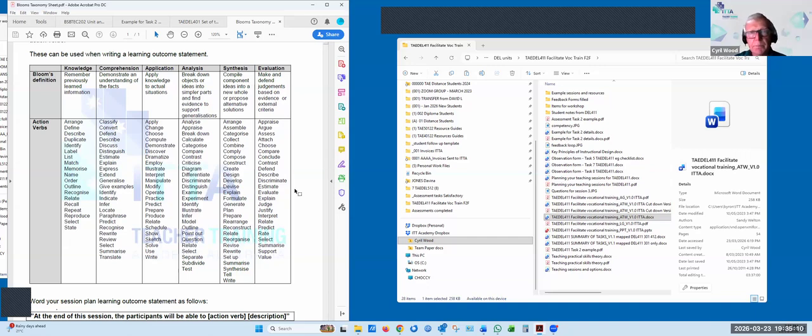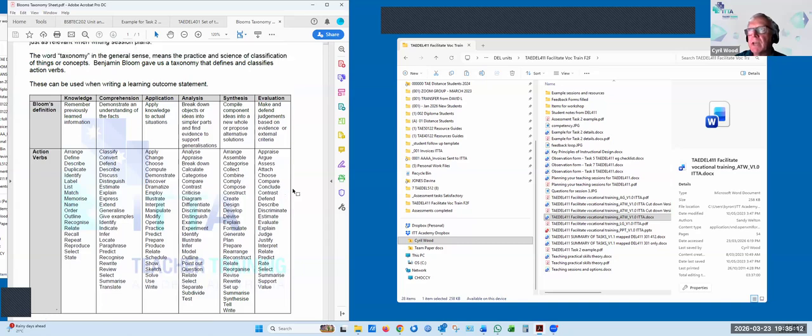Essentially, Bloom, Benjamin Bloom, he worked out that certain active verbs focus down on certain areas of cognitive processing.